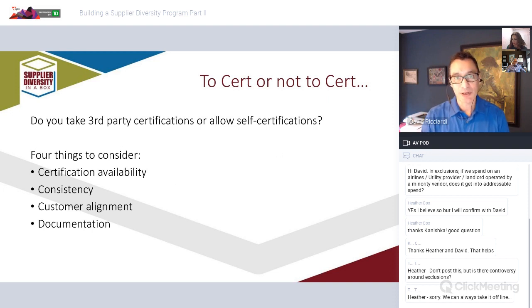But the other ones that are not as obvious, I think, are consistency. We do not recommend that you say, we're going to provide for third-party certifications, we want to do that all the time, but this company is one of our big vendors and they don't have a certification, so we're just going to take self-certification from them.